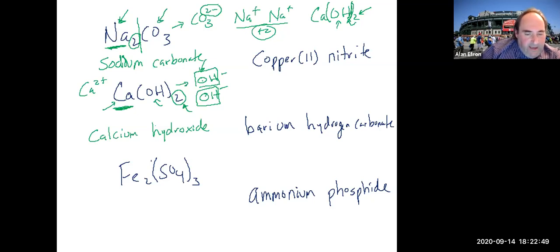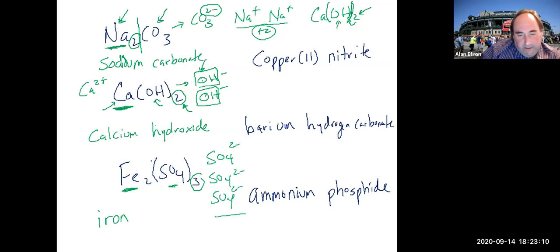Lastly, here we go, Fe, which is iron, which is a metal. SO4 is sulfate, SO4 2-. Iron is a transition metal, which means we do need a Roman numeral, and we need to figure it out the same way. In this case, we have 3 sulfates. And if you just draw it out and count up the charge, 2, 4, 6, that is -6.